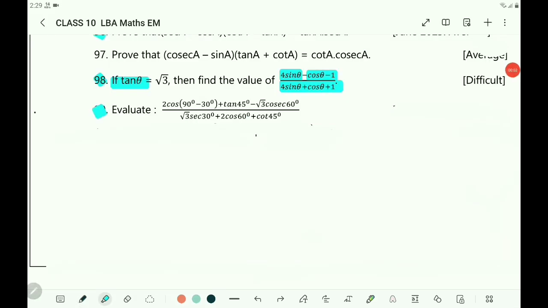Question number 99. Evaluate 2 cos 90 degree minus 30 degree plus tan 45 degree minus root 3 cosec 60 degree by root 3 secant 30 degree plus 2 cos 60 degree plus cot 45 degree.